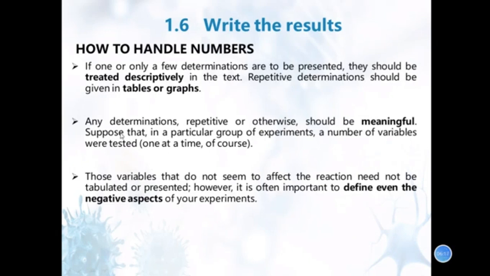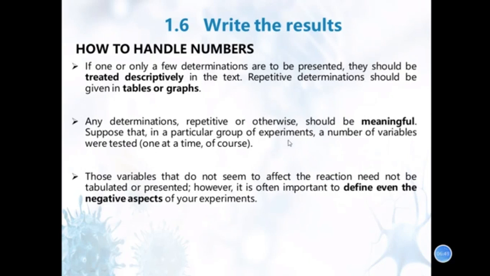Sometimes you also repeat your experiments many times. How to handle them is also an important thing for us to grasp. Suppose that in a particular group of experiments, a number of variables were tested, one after another. How do you handle them?